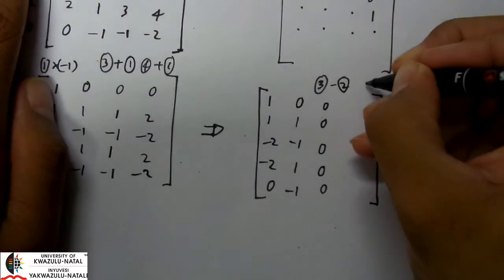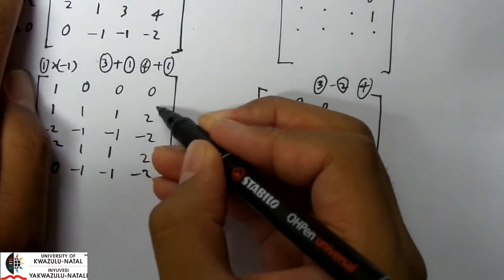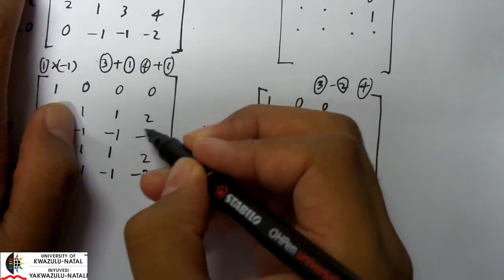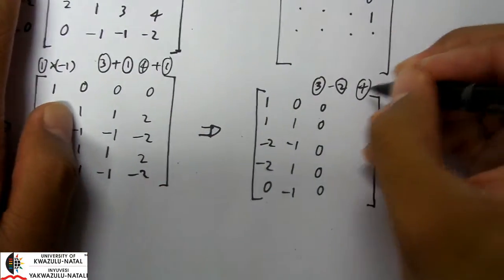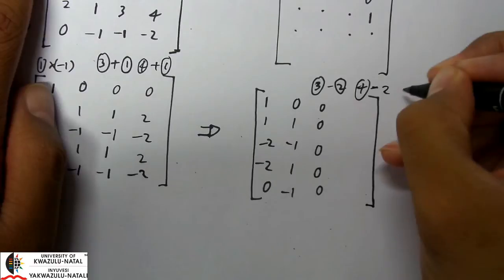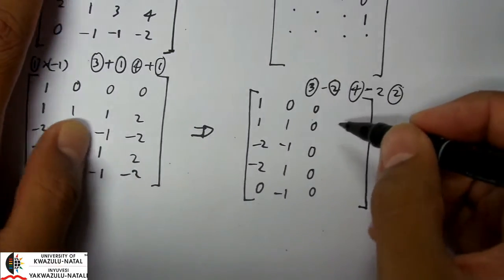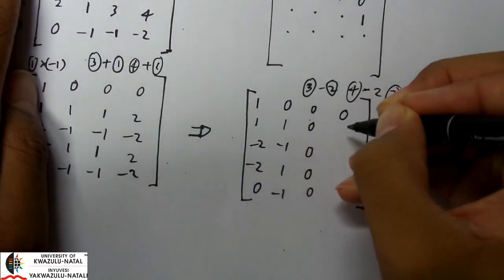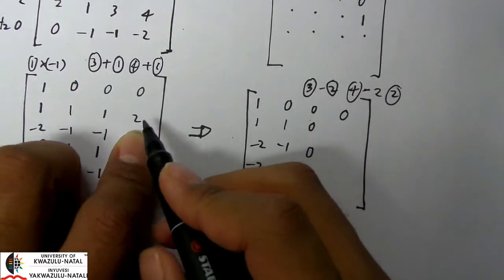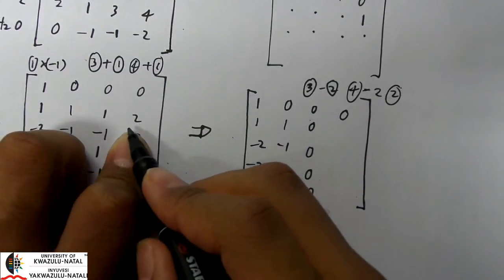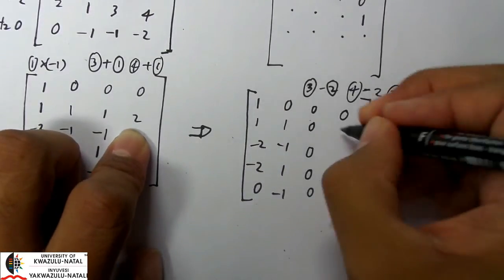If I look at column 4, okay, I want this 2 here to become a 0, so I need to add it to a multiple of column 2. So that will be column 4 minus 2 times column 2. Okay, so let's do it. 2 plus minus 2 times 1 gives me 0.